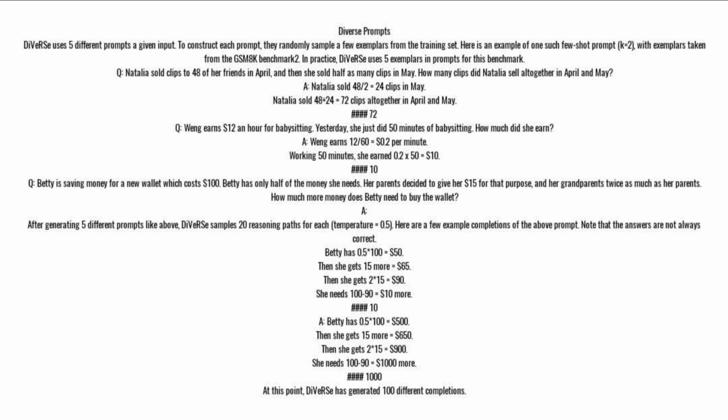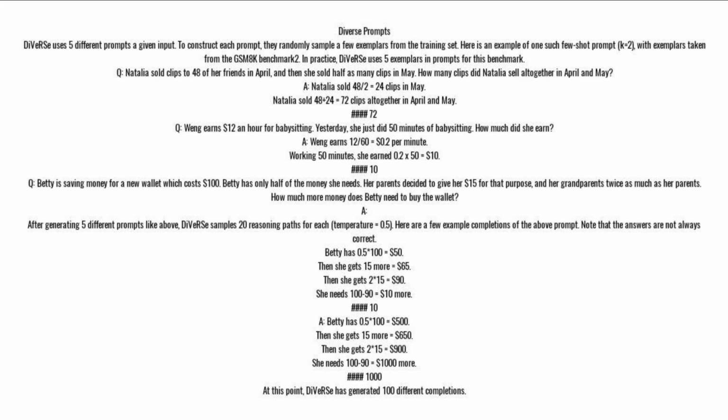Here are a few example completions of the above prompt. Note that the answers are not always correct. Betty has 0.5 times 100 is equal to $50. Then she gets 15 more equals $65. Then she gets 2 times 15 is equal to $90. She needs 100 minus 90 equals $10 more. #### 10.